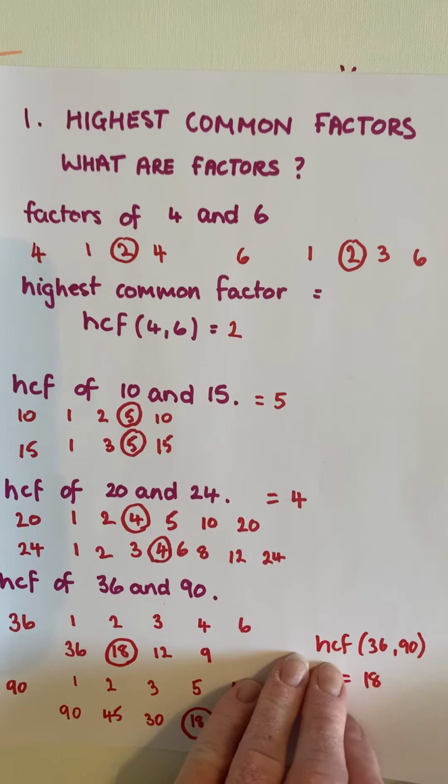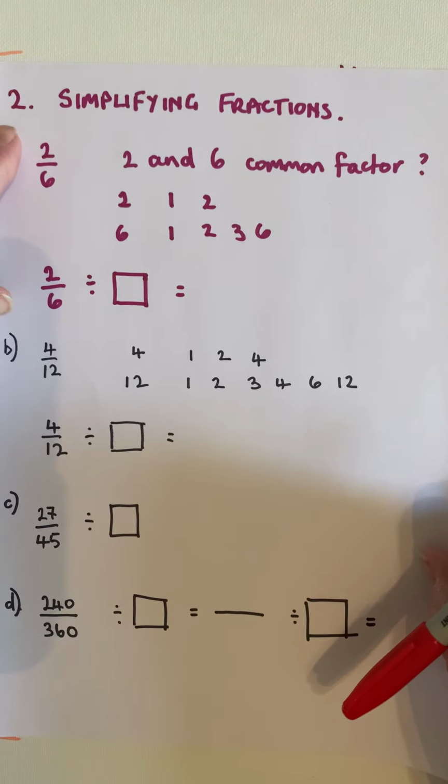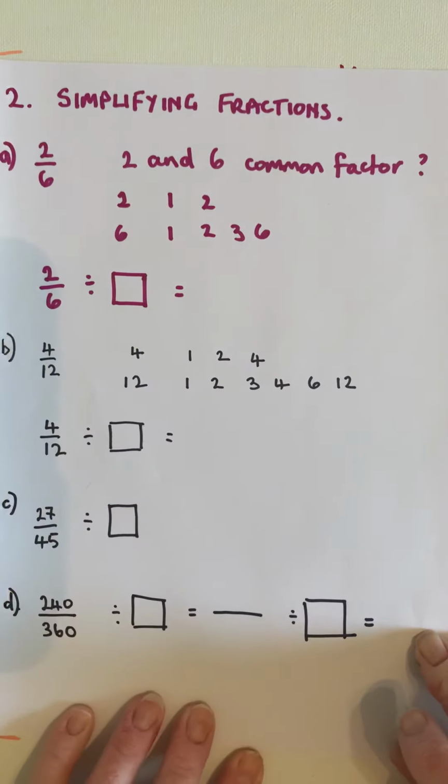Okay? Next topic. And if you wanted to, you can pause the video and go and do question 1 on the worksheet. Or you can keep watching and do them all at the end.